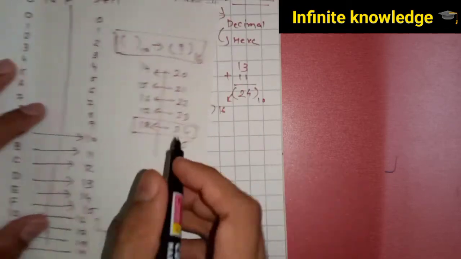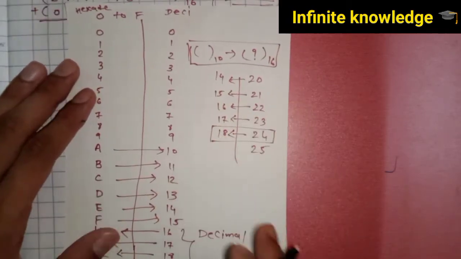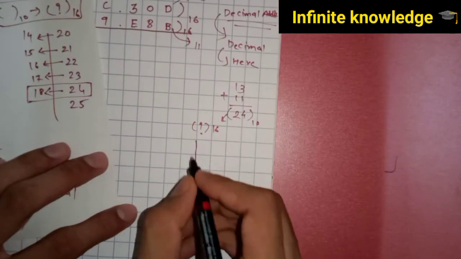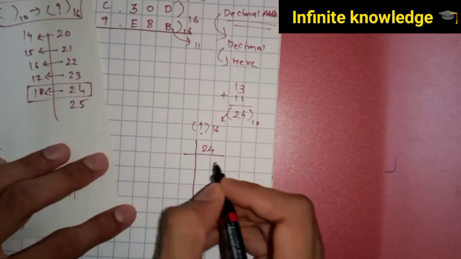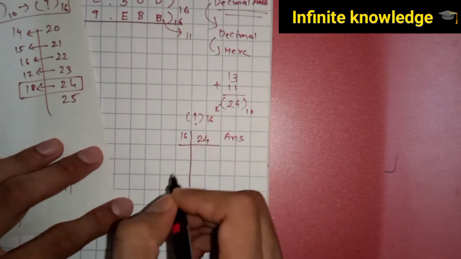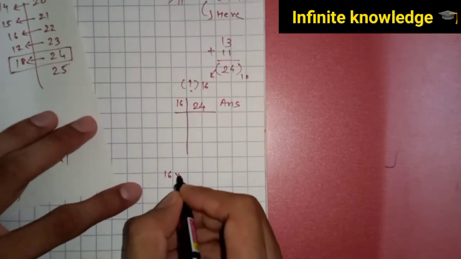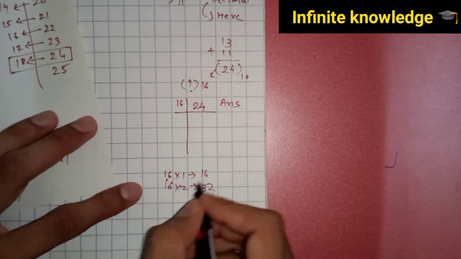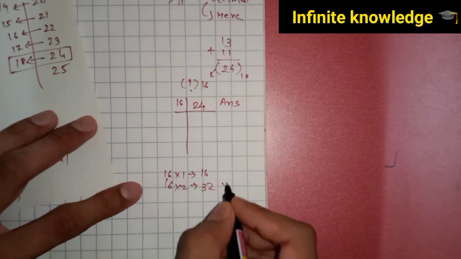But if you don't want to write this table, it is very simple. You do a calculation in which you subtract 16 from this 24. 16 into 1 is 16. 16 into 2 is 32, and 32 is more than 24, so you don't use this value.